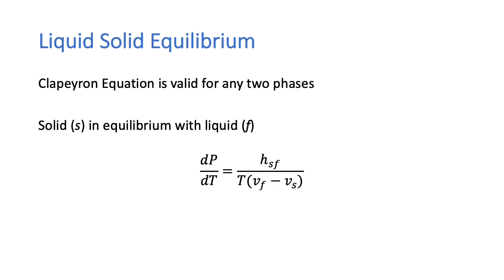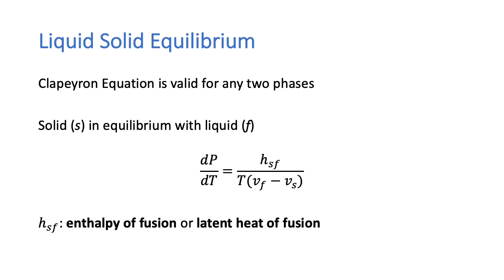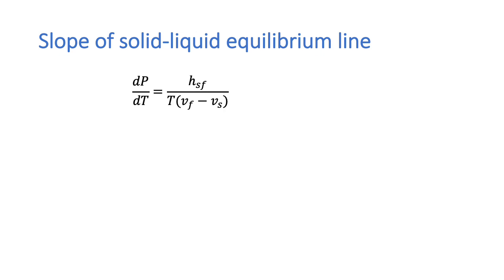Writing the Clapeyron equation for a solid-liquid system, we can say that dP by dT is equal to h_sf divided by T times (v_f minus v_s). h_sf here represents the enthalpy of fusion, or latent heat of fusion, and that would be the difference in enthalpy of the solid and the liquid. h_sf is always greater than 0.